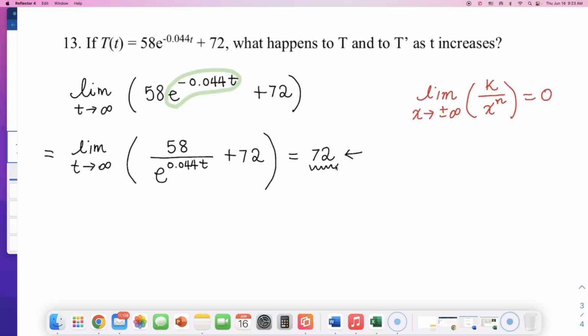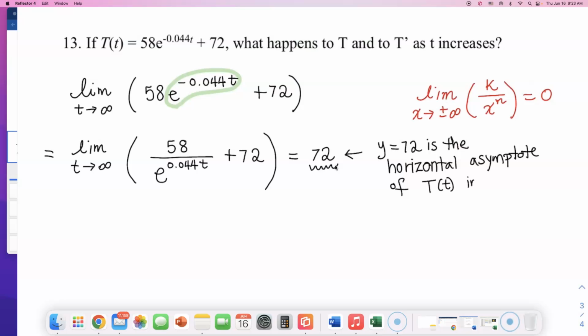And I may mention that y equals 72 is the horizontal asymptote of T of t in the graph. That's something you can mention on your test, and I think that's pretty good. It talks about what the graph does as t gets really big.